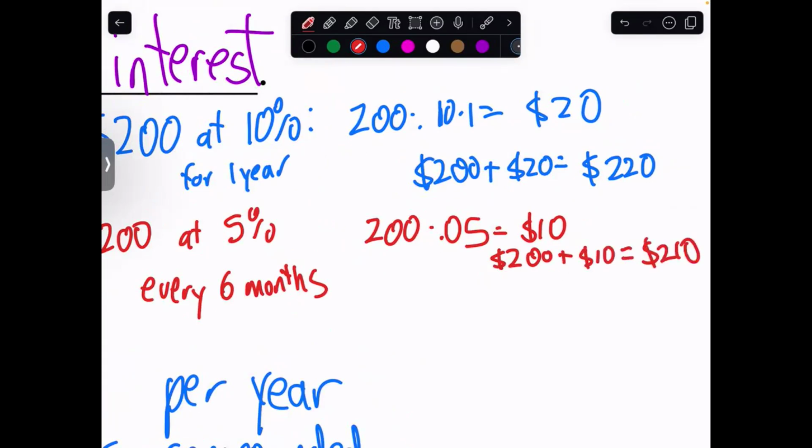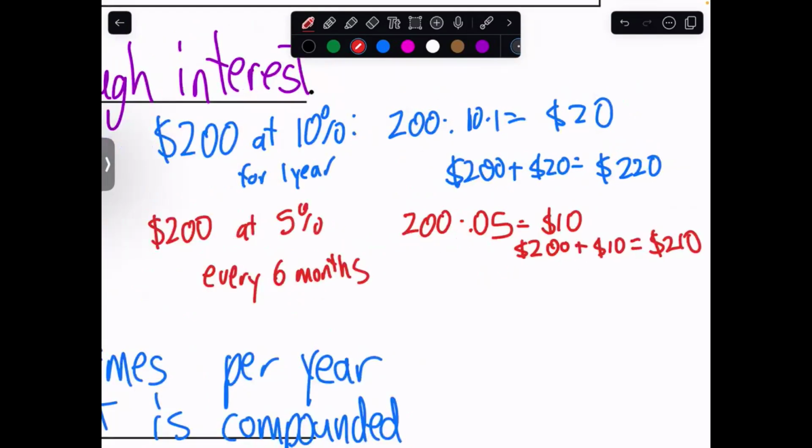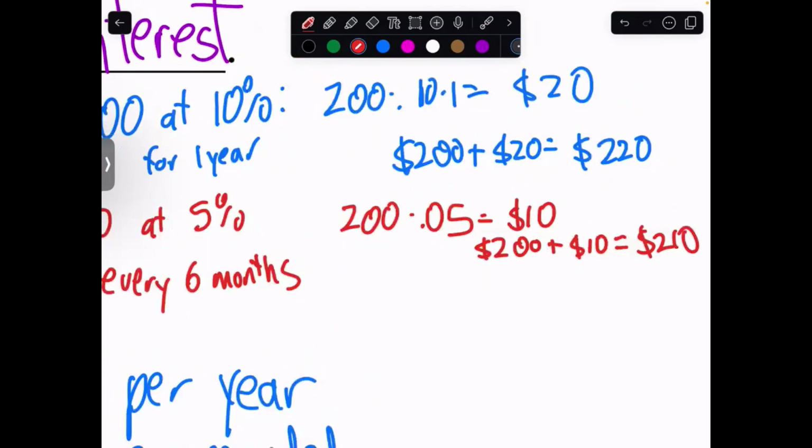But you add that to the principal. So the key thing to understand is now when you get your second instance of interest, you don't do 5% of 200 again because now you have $210. So you get interest on the extra $10 of the first interest. So 210 times 0.05. Your second interest payment is $10.50.